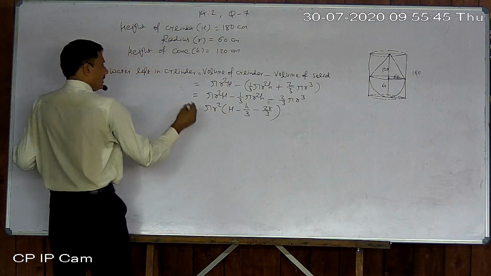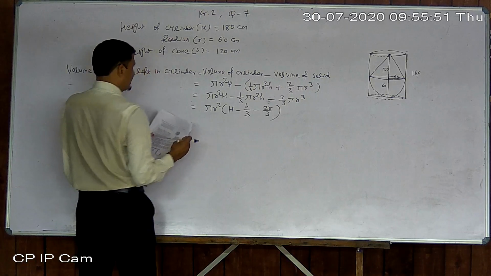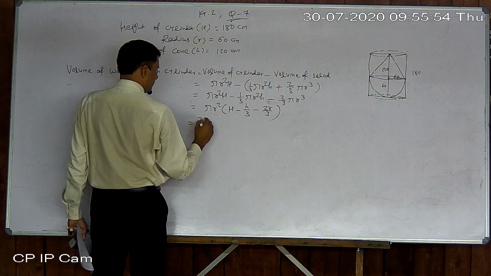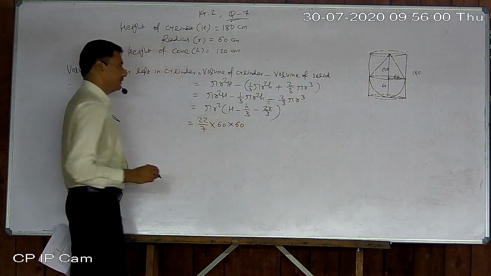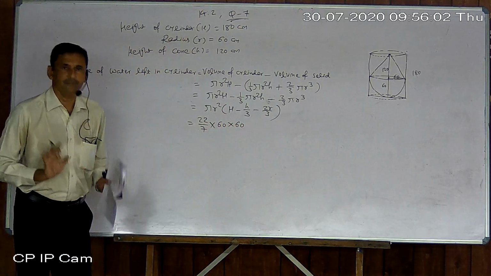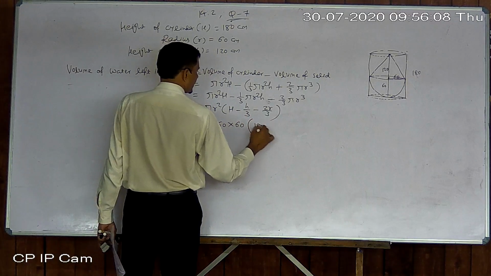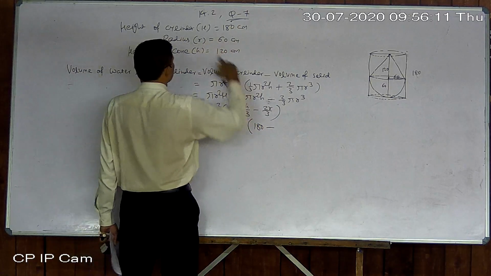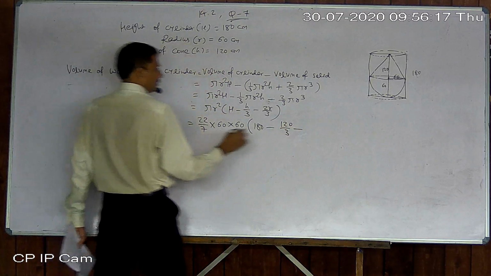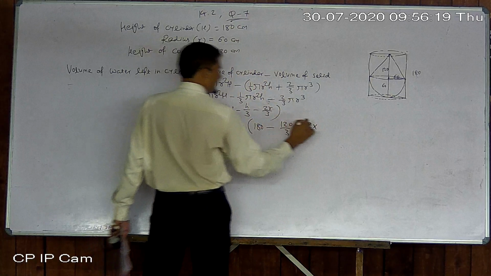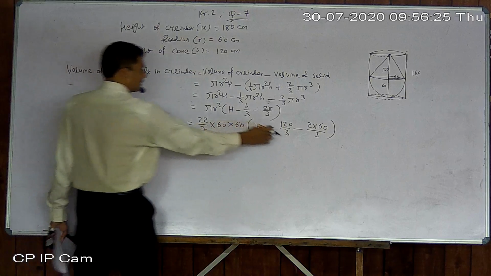Now place all values. Pi's value is not given, so take 22 by 7, into 60 into 60. We try to keep all measurements in centimeter only, not in meter. Now height 180 minus h, which is 120, so 120 by 3 minus 2r by 3, with r 60. Look carefully, all values are placed.